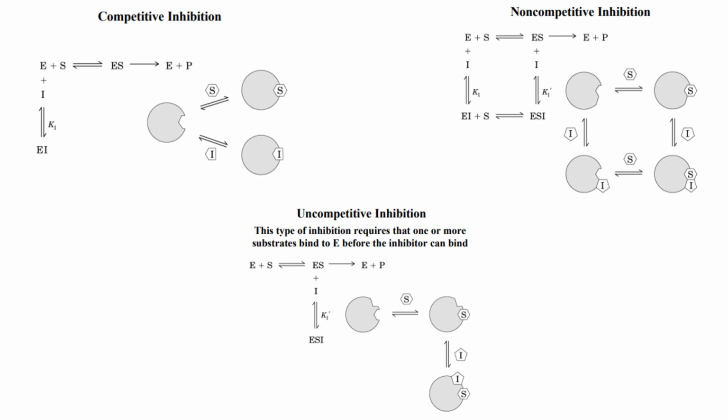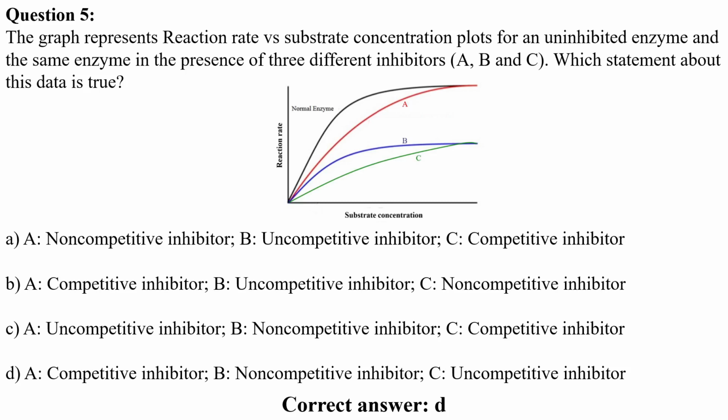So if you see this graph here, the maximum point in the normal enzyme is showing what? Vmax. Okay. So in case of competitive inhibition, the starting will be slow. Since there is inhibition, the velocity will be slower than the initial velocity.